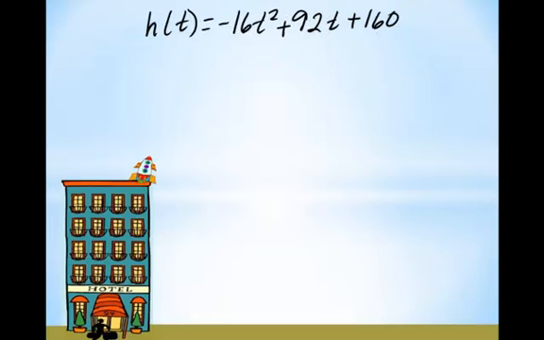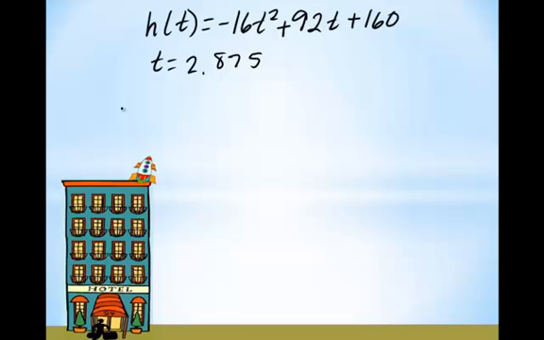How do we find the maximum height that our rocket reached? That's correct. We plug in our value of t. Our value of t is equal to 2.875. So wherever I see a t, I'm going to substitute it with 2.875.